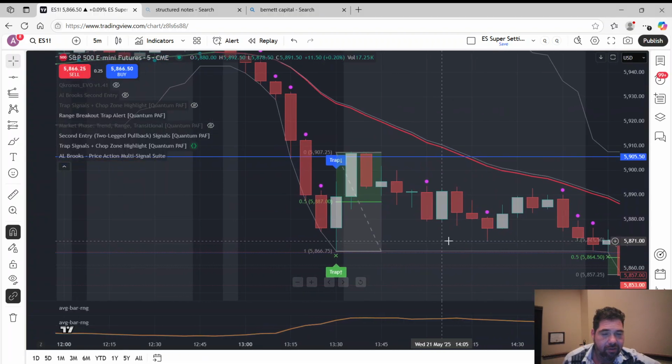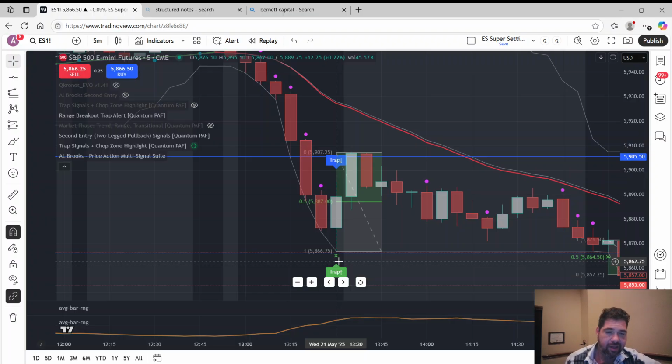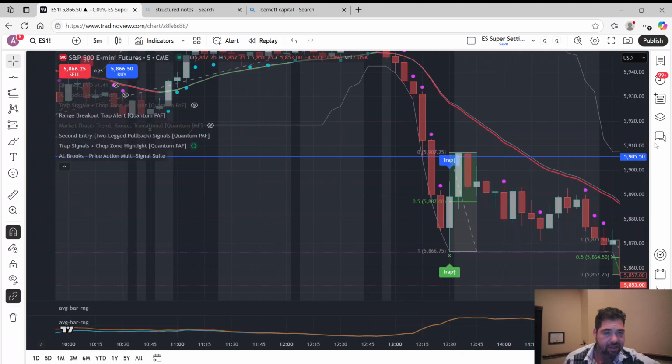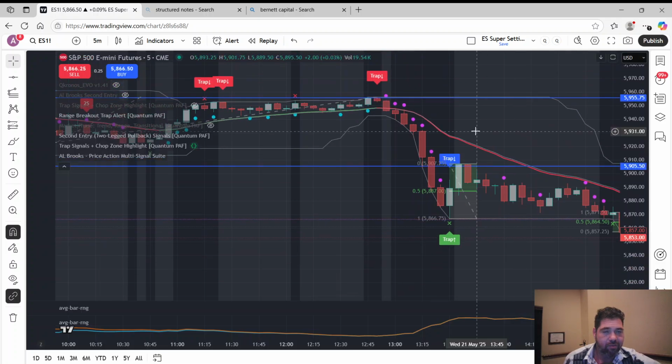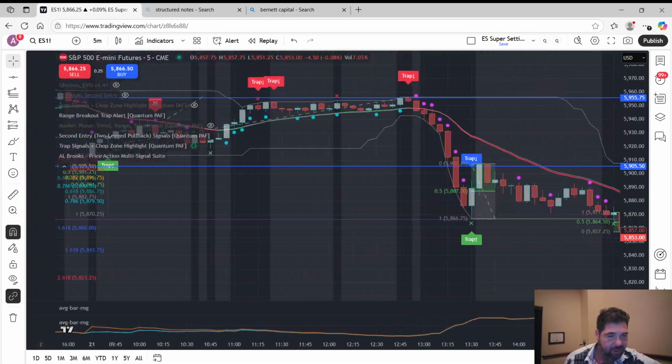Now, so all the sellers are here. Over here, you have a trap. Now, what happens when you have a trap? Well, consider buying into it. Now, with a sell-off like this, with it being in the afternoon session, let me just see if there's any other support anywhere else.